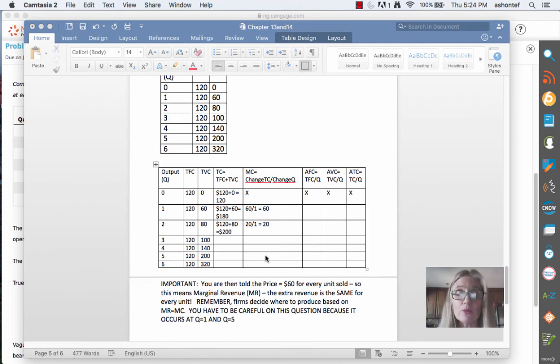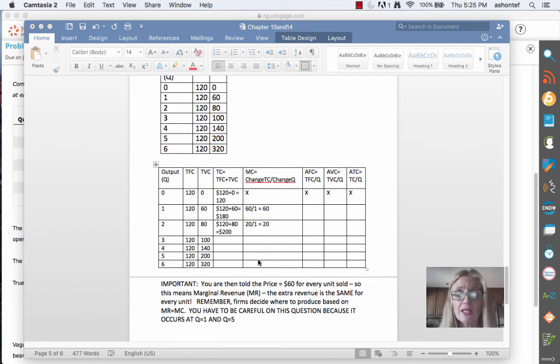And you're actually going to want to use that one because, for example, in this case at the second unit, for selling the second unit you get revenue of $60 and the cost to produce that unit is 20, you'd be making money from producing this unit. So you'll want to keep going.